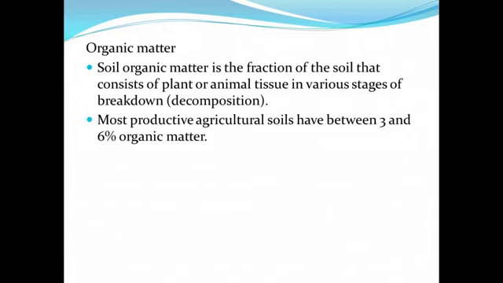Most productive agricultural soils have between 3 to 6% organic matter. However, the quantity of organic matter in the soil varies depending on where the soil is located. A soil that is found in a desert will have very little organic matter, whilst a soil that is found in tropical rainforests or in areas where there is a lot of rainfall will have more organic matter, probably even 10% or maybe 15%.